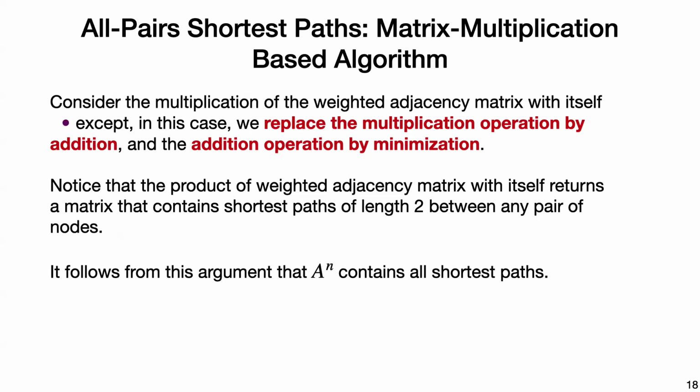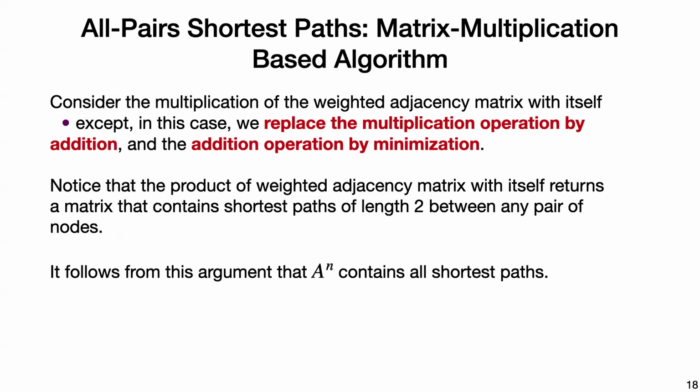This sum becomes min, and this multiplication becomes plus. So this is the edge i to k, this is the edge k to j, and if you add them, this is the path i to j through k.